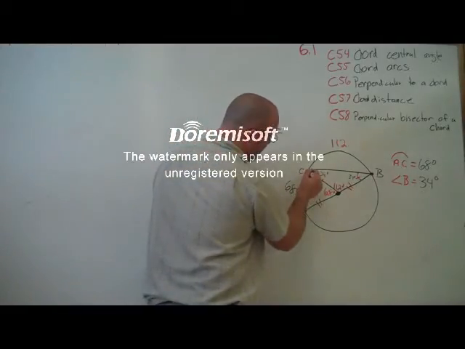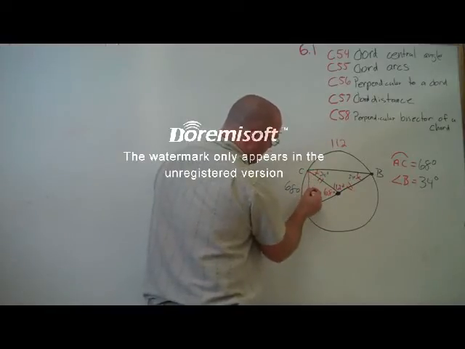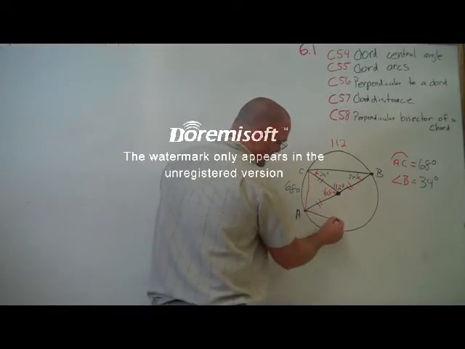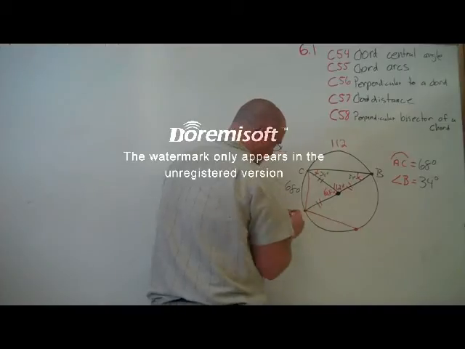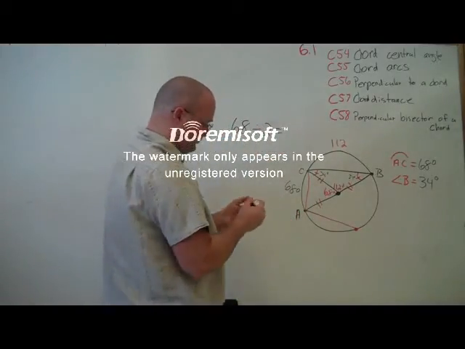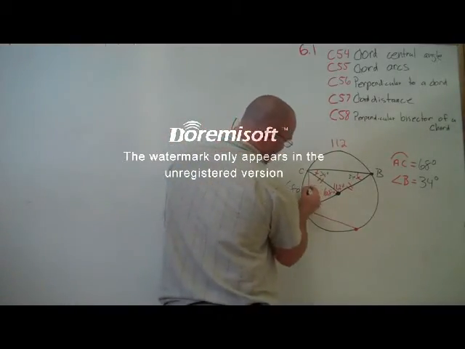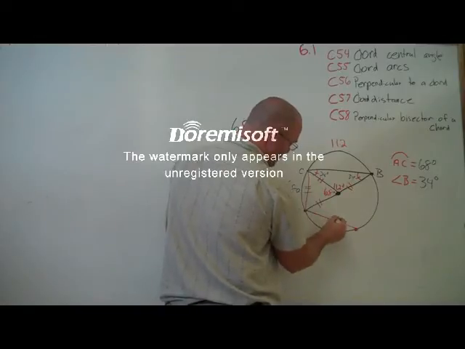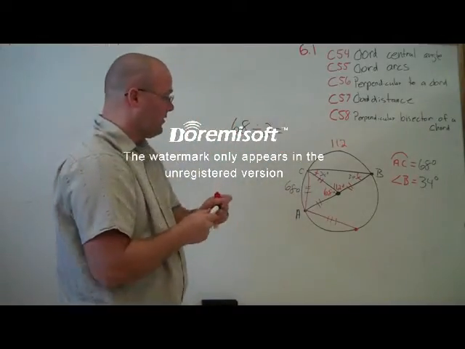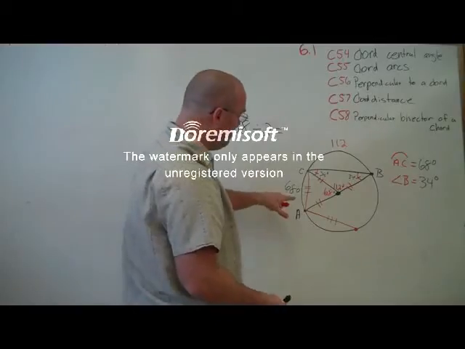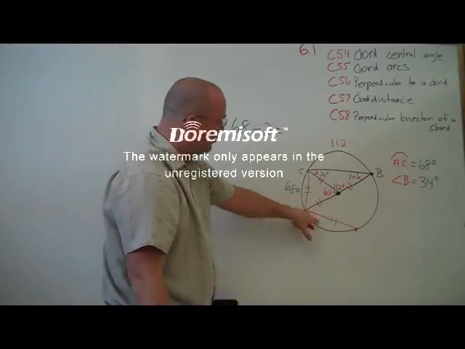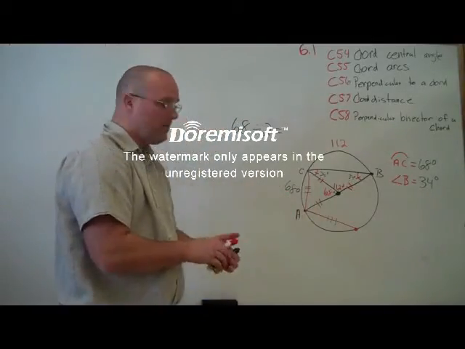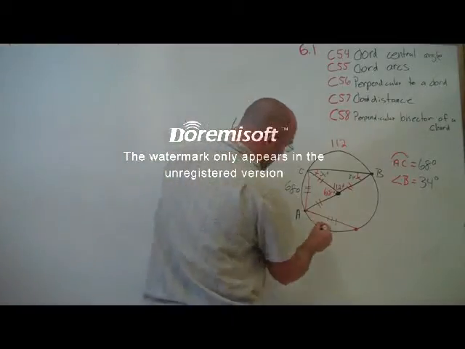What if I drew a line from here and another line to here, and I made this chord congruent to this chord? So, chord conjecture. If these two chords are the same, it means what? The arc has to be the same.